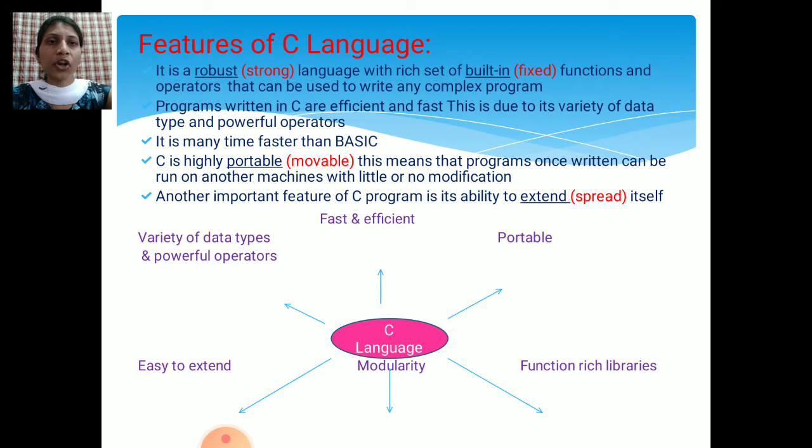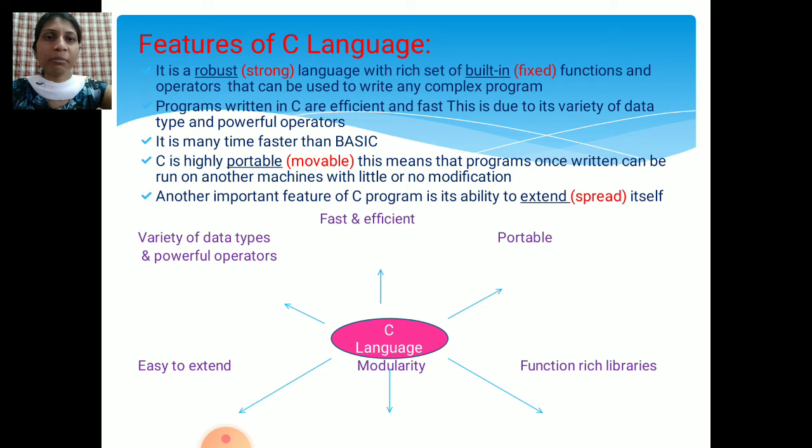Using these data types and operators, it will work efficiently and fast, and it gives the output to the user efficiently. According to this, the program will work efficiently and fast.